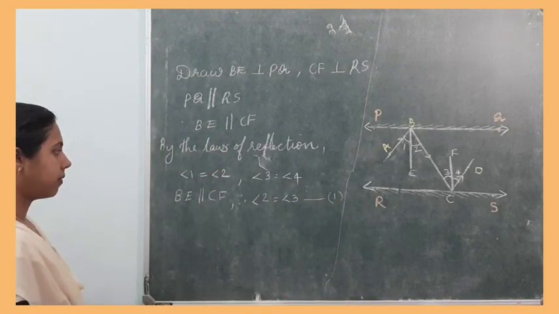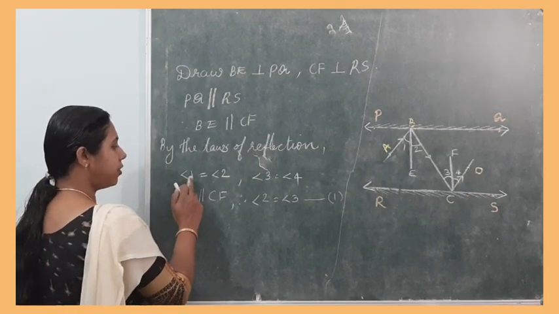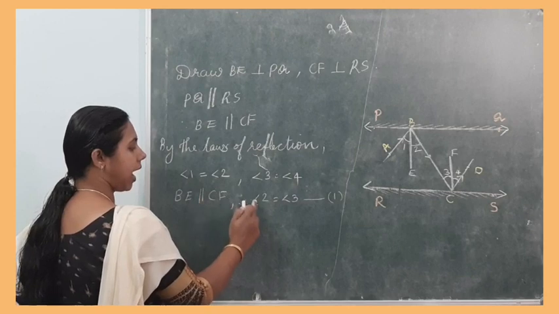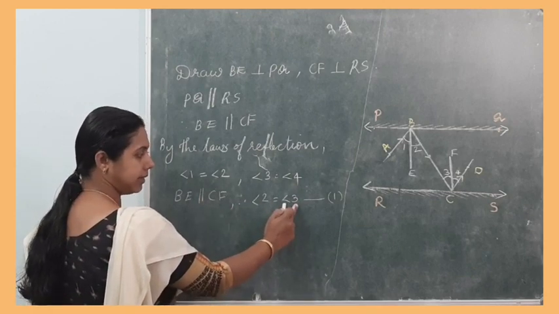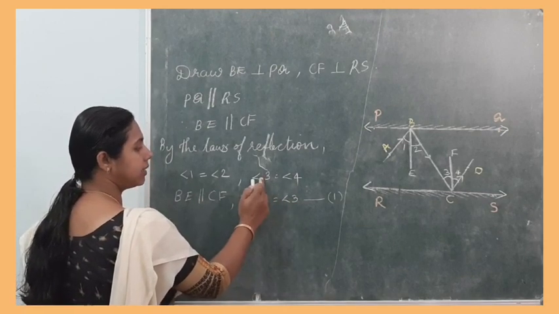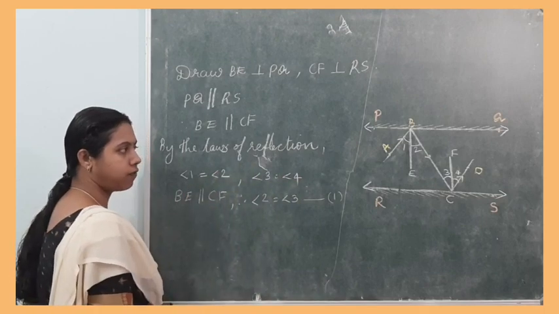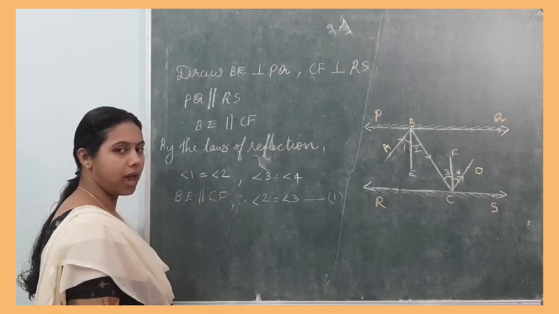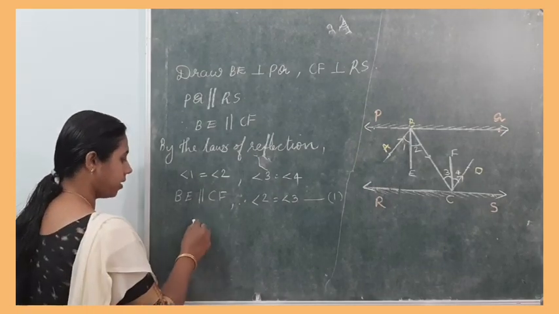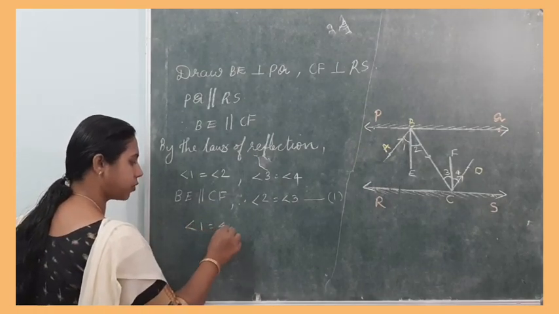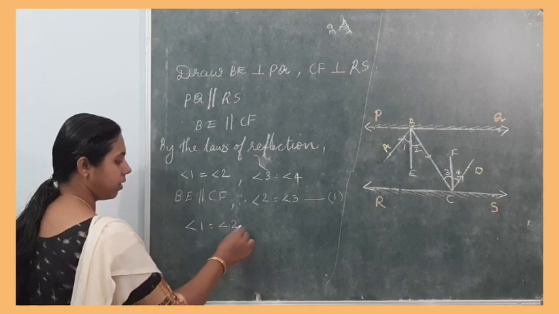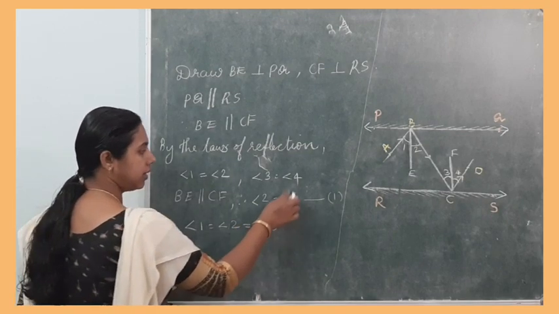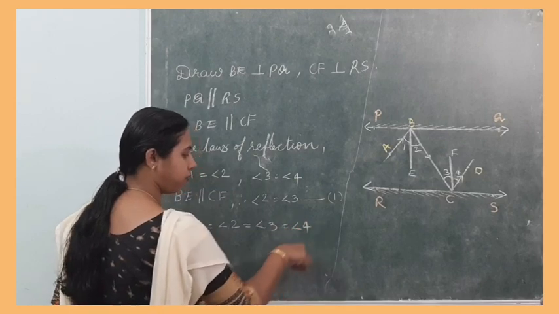Next, it is given that angle 1 is equal to angle 2. Now we got angle 2 equal to angle 3, and we know that angle 3 is equal to angle 4. So angle 1 equals angle 2, angle 2 equals angle 3, angle 3 equals angle 4.